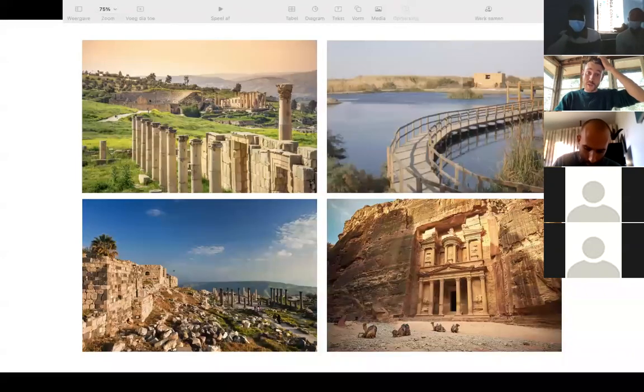A little tourist information. Jordan is an absolutely magnificent country, with extremely ancient history, in the sense that you would find Nabatean cities, you would find Roman, Byzantine, Ottoman fortresses, Crusader fortresses, name it, and people have been there.